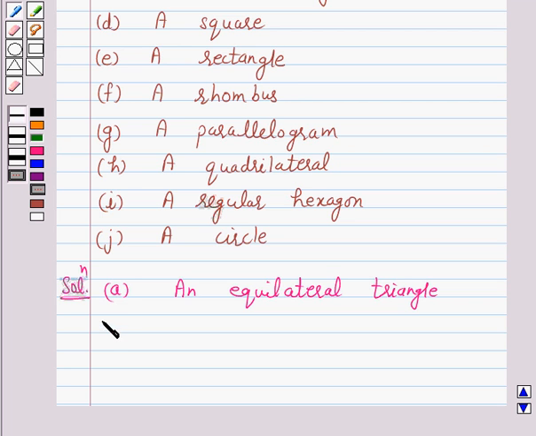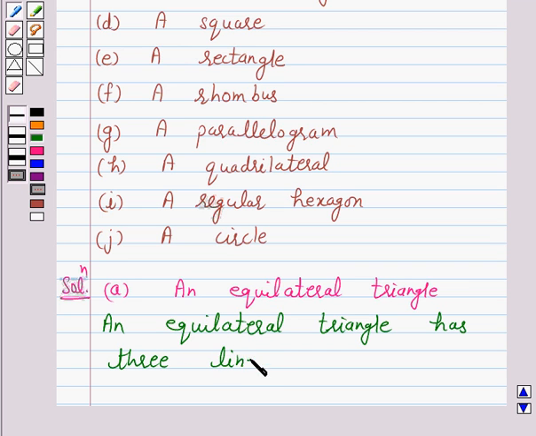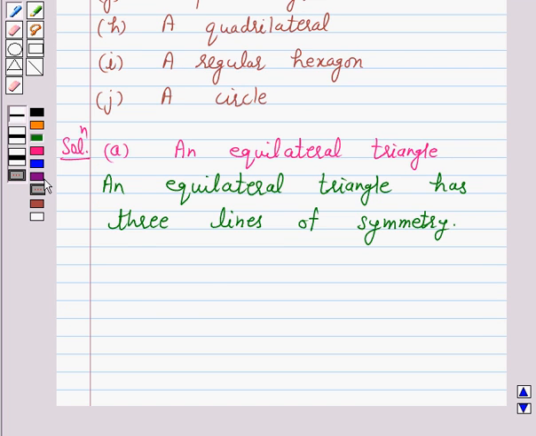Hence, an equilateral triangle has 3 lines of symmetry, because each regular polygon has as many lines of symmetry as it has sides. Hence, the answer for part A is 3.